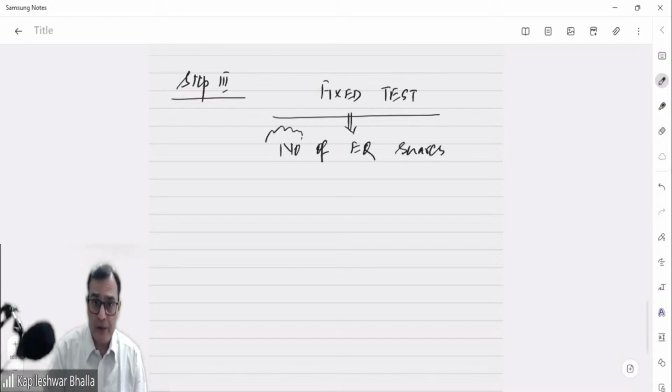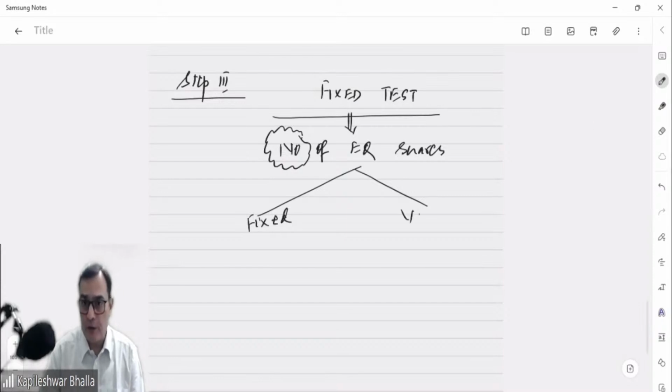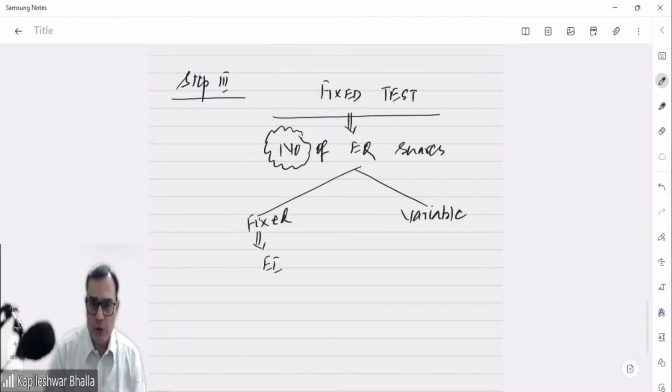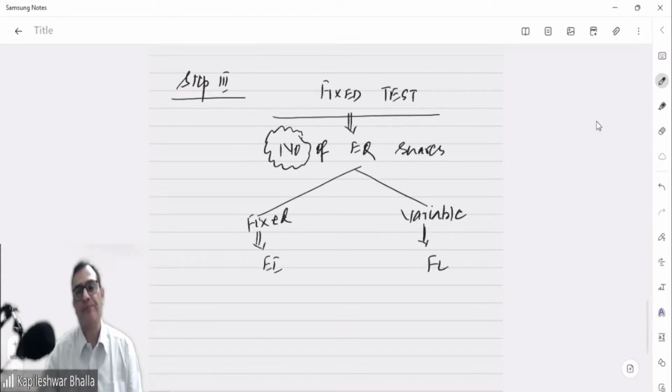So we need to focus on the number of equity shares. Fixed means it's already predetermined. You've already decided at the time you issued an instrument that you are going to give a fixed number of equity shares in return at a later date. So if it is a fixed number, then it is called an equity instrument. And if it is variable, then it is called a financial liability.